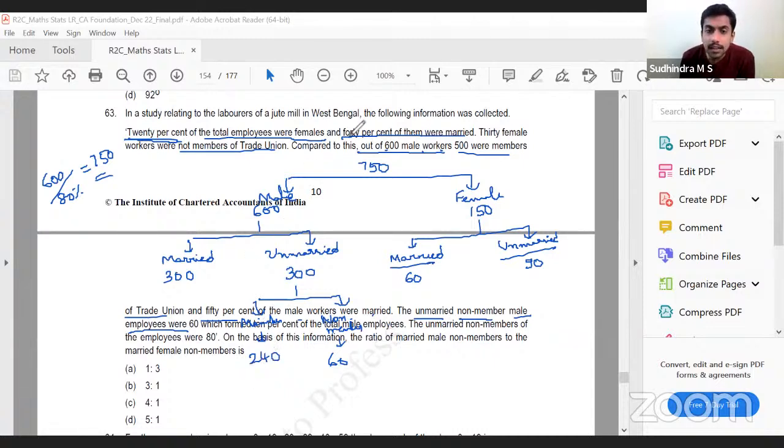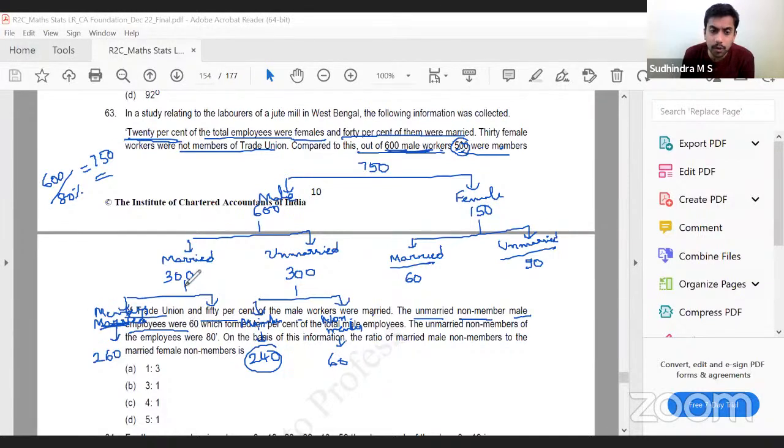Right? Then they had given us out of 600 male workers, 500 were members. So out of that 240 are unmarried out of 500 members. How many married members then? See, there are total 500 members. Out of that 240 are unmarried, so balance 260 are married members.